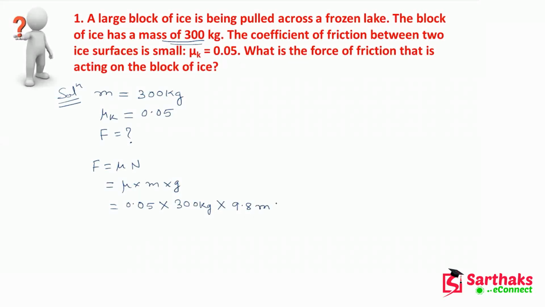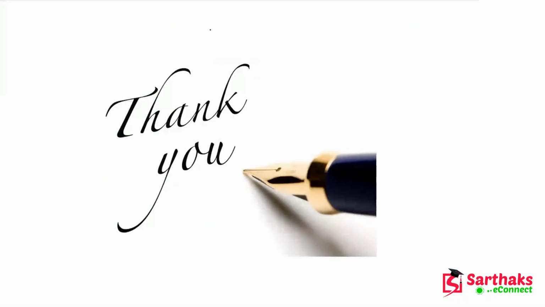You have to remember this: 9.8 meter per second square. So it will be 147 kg meter per second square, or this may also be represented as 147 Newton. Okay. And this is the answer. Thank you. So these are the force and types of forces.